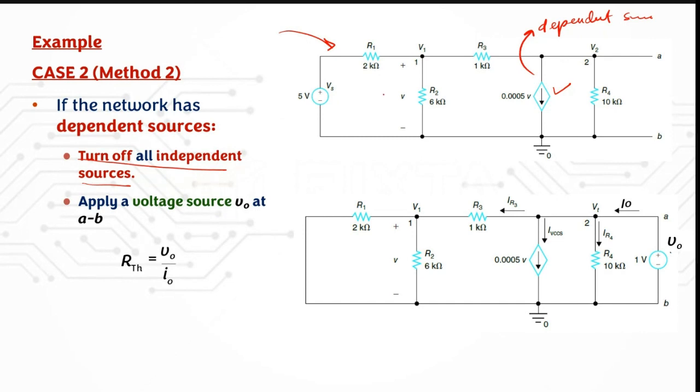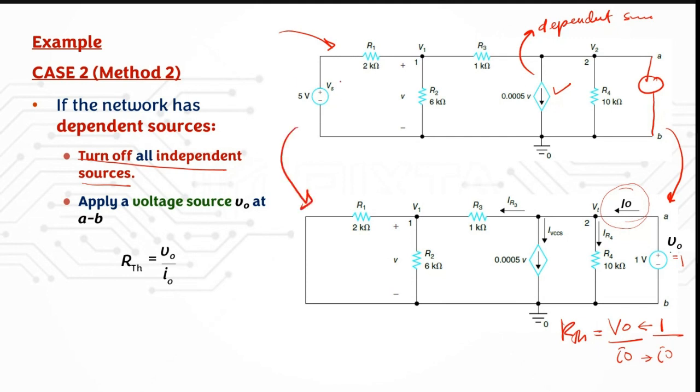When you apply the test voltage or current here, for this one it's using the test voltage, where you know that V naught is equal to 1, and then you need to calculate the value for I naught, because RTH is equal to V naught over I naught, where your V naught here is 1, and you need to calculate the value for I naught here.